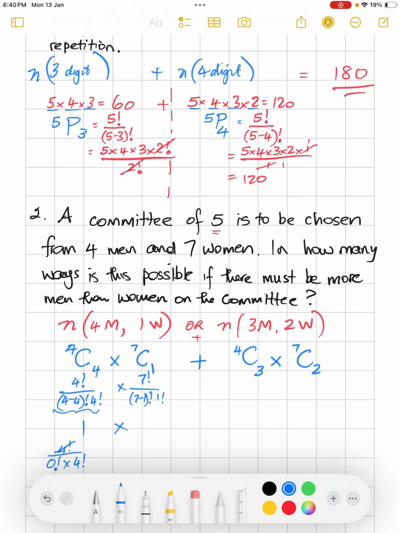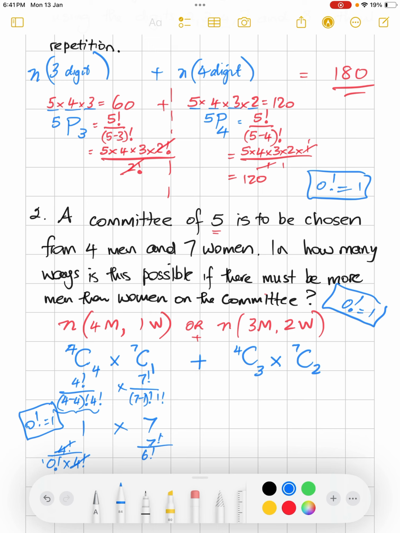So remember that 0 factorial equals 1. Don't forget that concept. So we've got 7 factorial over 6 factorial, and that's 7 times 6 factorial over 6 factorial, so it's just 7. So we've got 7 ways here.